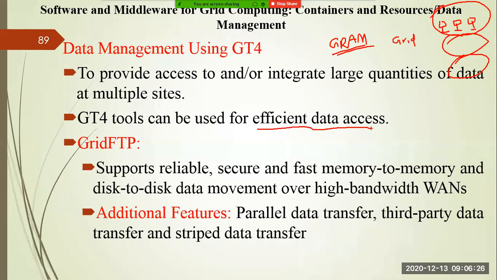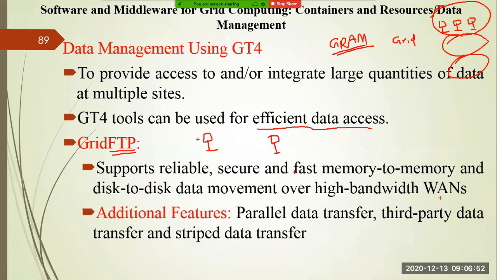One of the tools is called GridFTP. FTP, you know, stands for file transfer protocol. When you want to transfer a large amount of data from one place to another, you can use GridFTP. GridFTP supports reliable, secure, fast memory-to-memory and disk-to-disk data movement over a high-bandwidth wide area network.